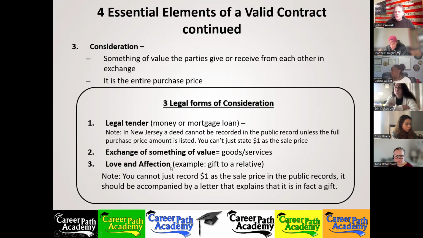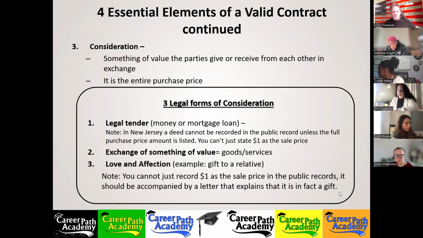And love and affection. No, they're not talking about prostitution. When they say love and affection, they're talking about like a gift to a relative. But that should be accompanied by an affidavit that confirms that it is a gift. So you can't just record $1 as the sale price in the public records. It should be accompanied by a letter that explains that it is, in fact, a gift.